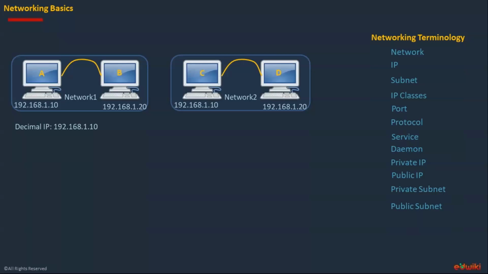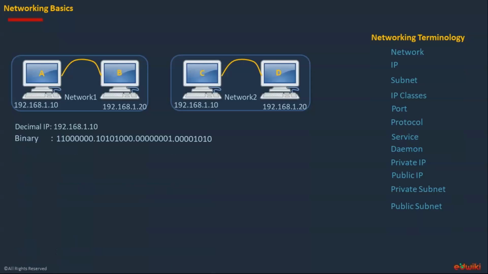You decide what number you want to assign, but make sure that your number is 0 to 255. You can't use a number beyond 255. By following that rule, I came up with one IP address, 192.168.1.10. It is just an example number that I have taken, but it could be any number that you like by following the two rules that I have said.